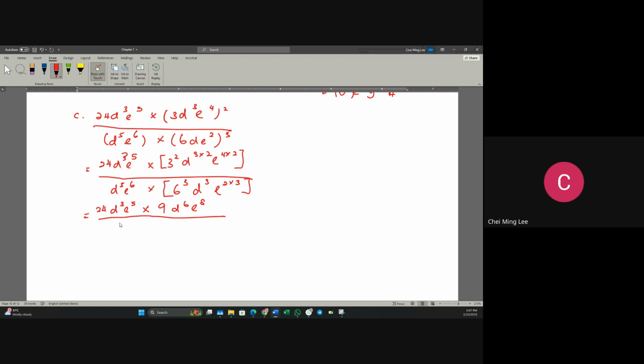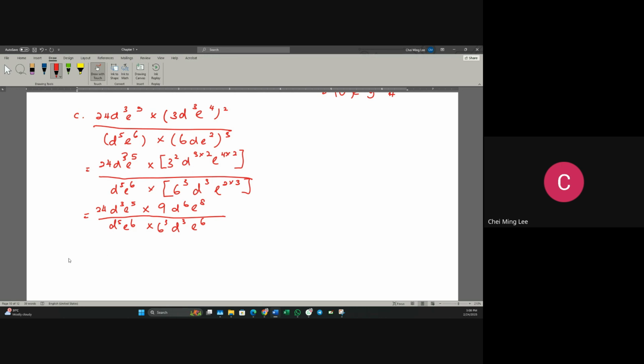Then divide by d^5 e^6 multiplied by 6 to the power of 3. I'm quite lazy to calculate, so I just put it like this. And then this one will be d to the power of 3, then e to the power of 6.